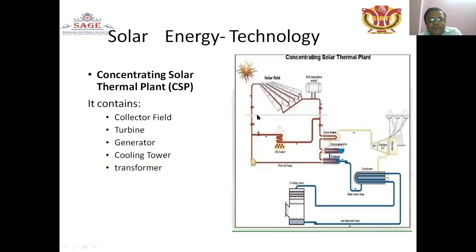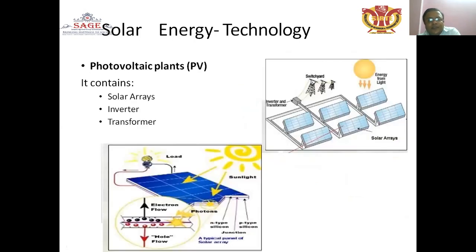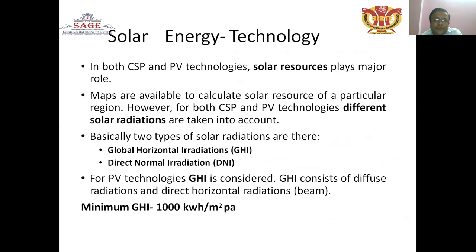First is the solar concentrating thermal power plant, the CSP, and the second form is photovoltaic plants. In both CSP and PV technology, solar resources play the major role. Maps are available to calculate solar resources of a particular region. However, for CSP and PV technology, different solar radiation is taken into account. Basically, two types of solar radiation are there: global horizontal irradiation and direct normal irradiation. For PV technology, GHI is considered.